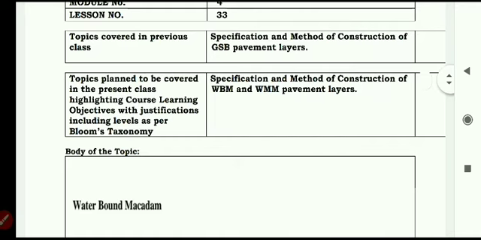Next comes method of construction. What do you mean by method of construction? After checking the specification values for the highway engineering material, next comes the method of construction. In what way we are constructing the highway, that is known as method of construction. We should follow right from cleaning of the ground to spreading and setting of the material.